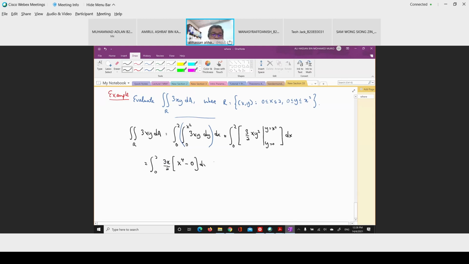So now it reduces to an integral with respect to x only. We can write down the constant 3/2 outside the integral. So we have x times x to the power of 4, which is x to the power of 5. And the integral of x to the power of 5 is x to the power of 6 over 6.